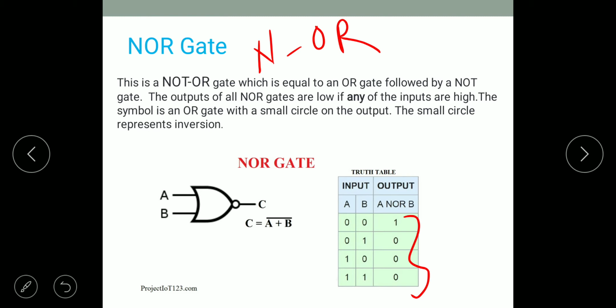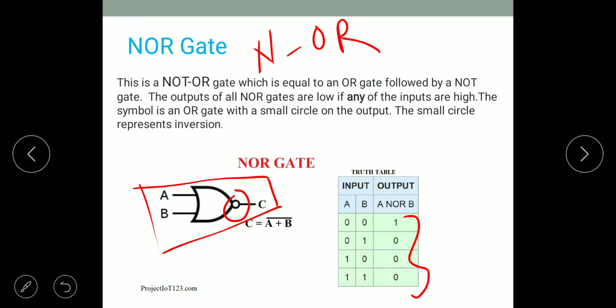The outputs of all NOR gates are low if any of the inputs are high. The symbol is an OR gate with a small circle on the output. This circle shows the NOR gate operation. If we remove that circle, it looks like a simple OR gate, but if we add that bubble at the output side, it represents the symbol for the NOR gate. The small circle represents inversion.